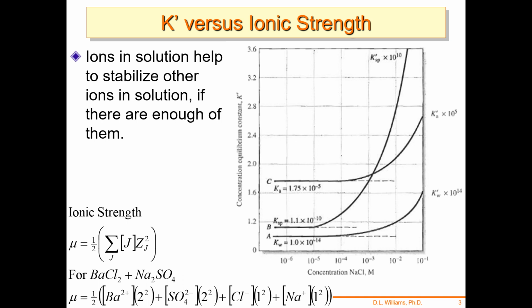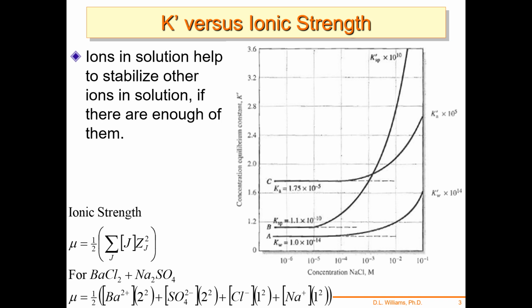So for something like barium, that's 2 plus squared, so it's going to have 4 times the effect that sodium has. Sodium is just plus 1 squared. And so you're going to have a huge effect for things that are triply charged or have a charge of plus 4, like a vanadium 4 plus.